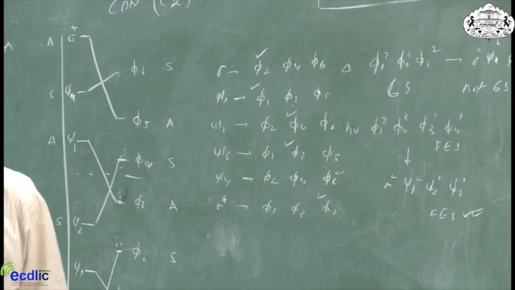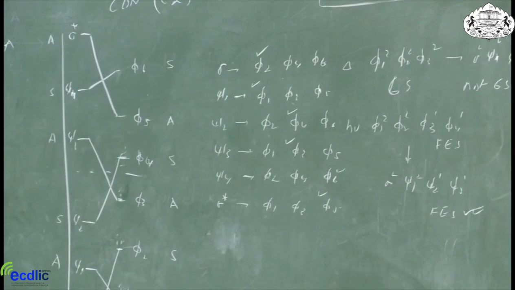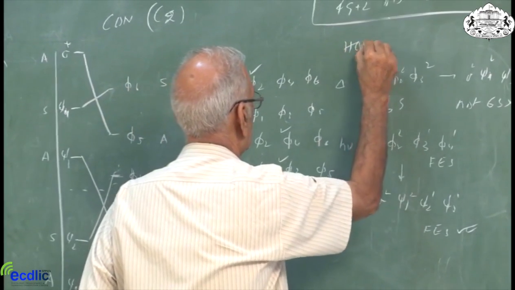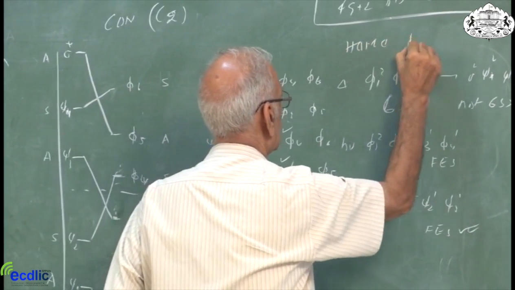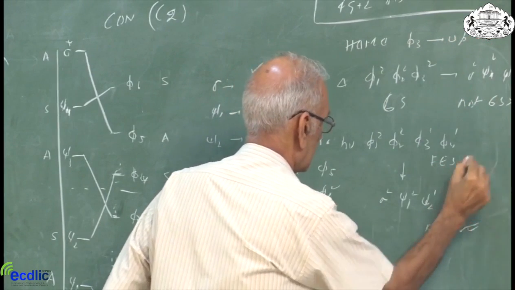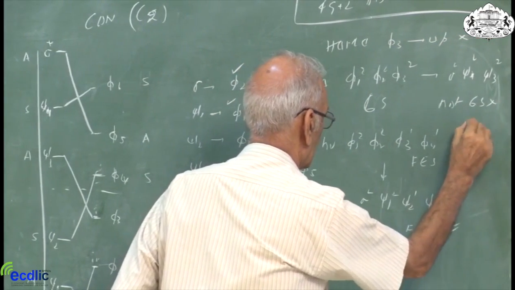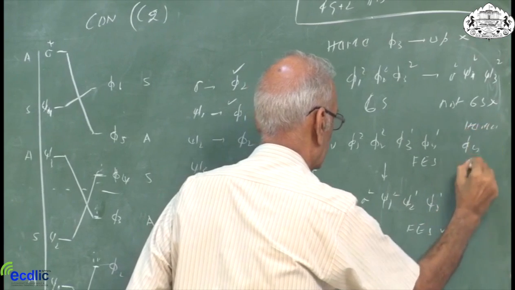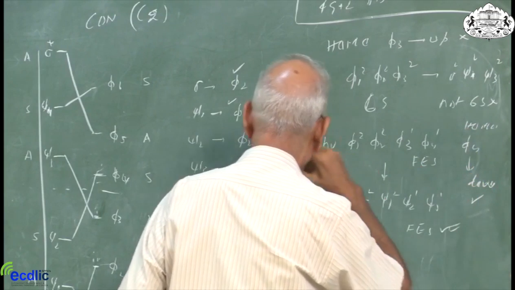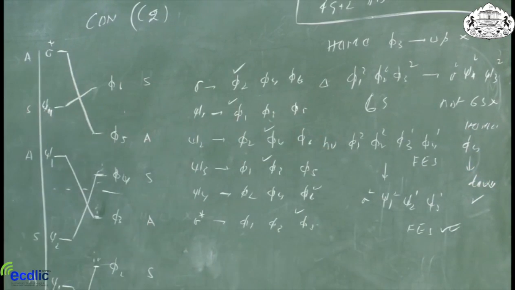Phi 4 comes down, therefore is allowed. Here, HOMO is phi 4, phi 4 goes down, therefore allowed. Okay.